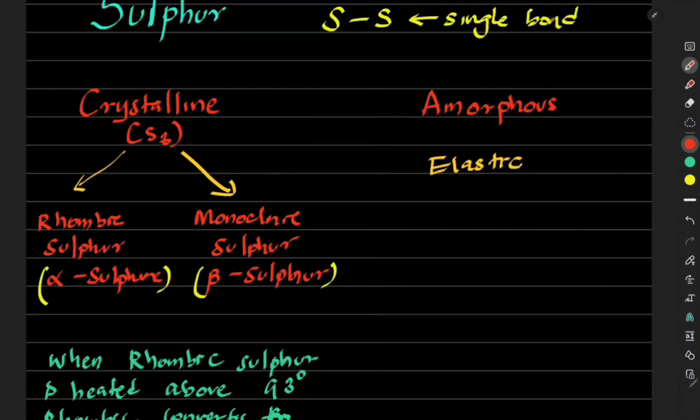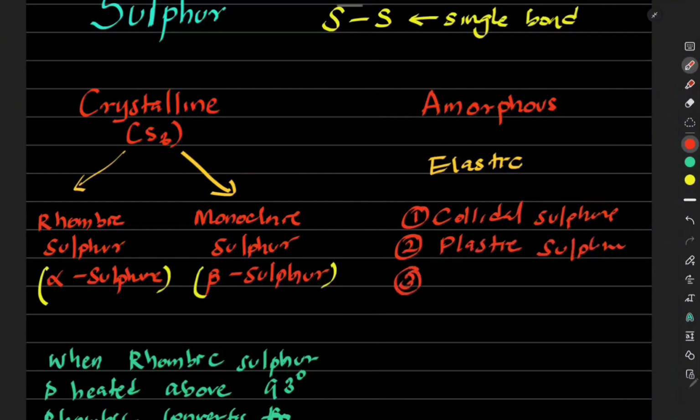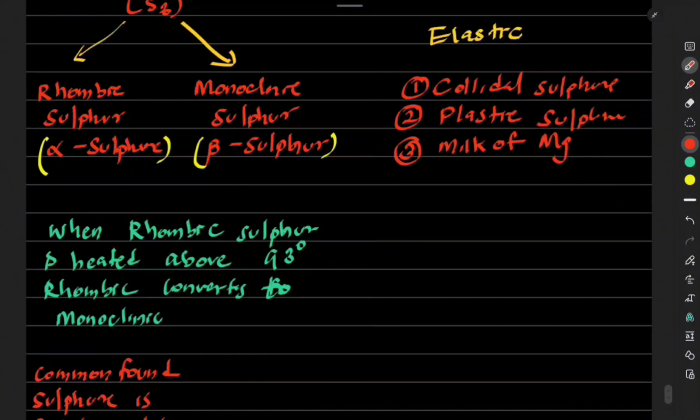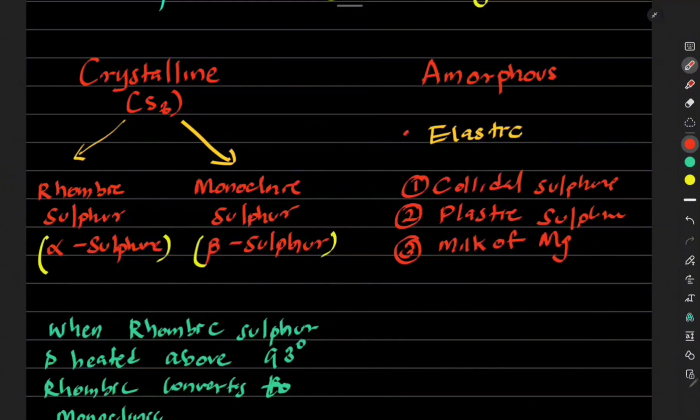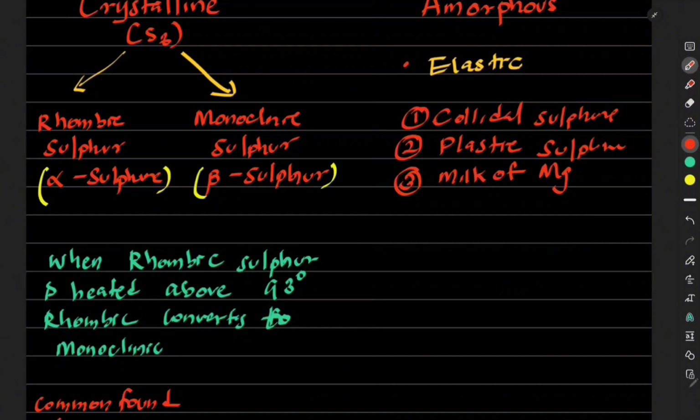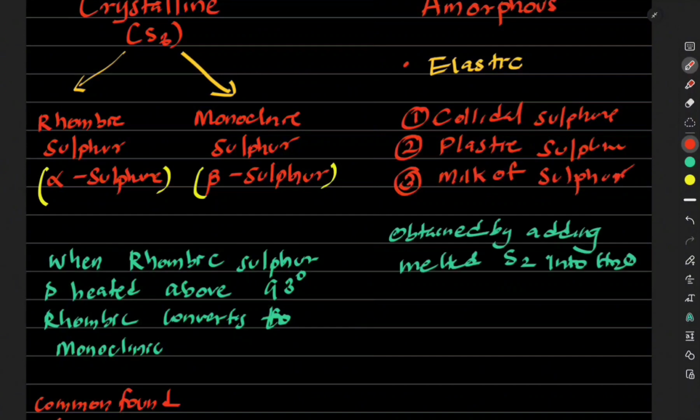Amorphous form has three types of sulfur. First, colloidal sulfur. Second, plastic sulfur. Third, milk of sulfur. How is amorphous sulfur obtained? It is obtained by adding melted sulfur into liquid H2O.